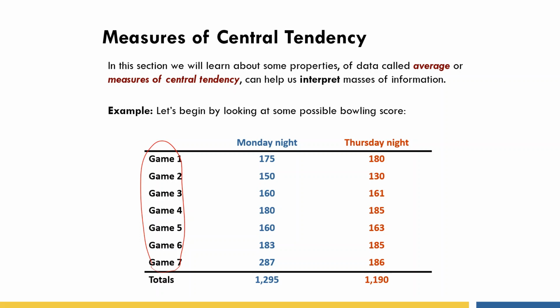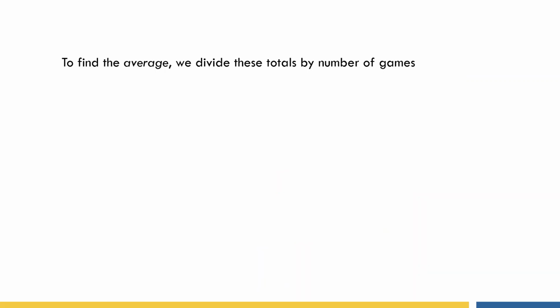Okay, and then when we look at this data, we find the totals of it. So add up the data, and then we can find one type of central tendency, which is called the average. The average is basically we divide the total of the scores by the number of games.